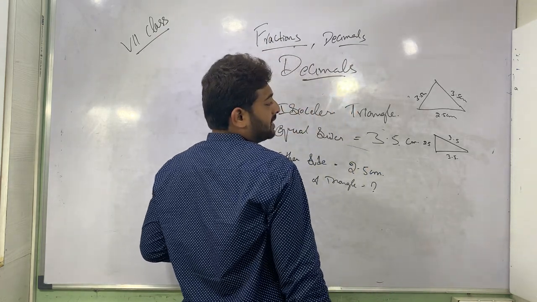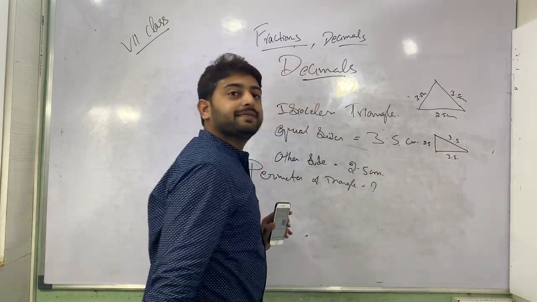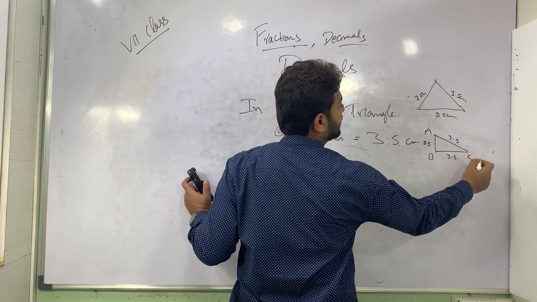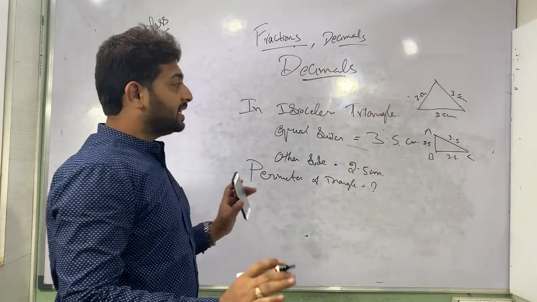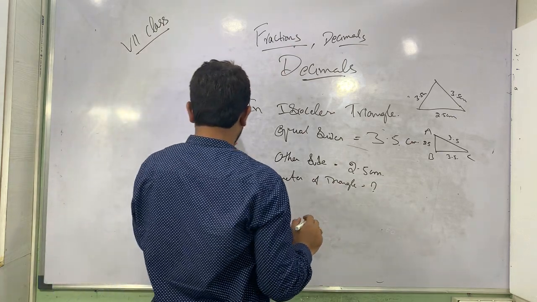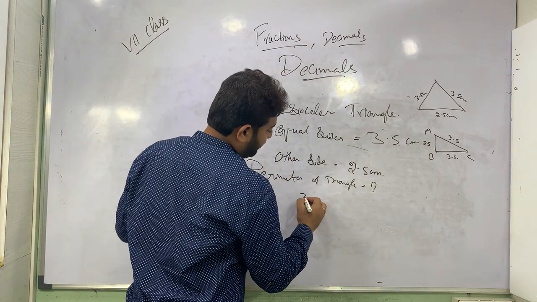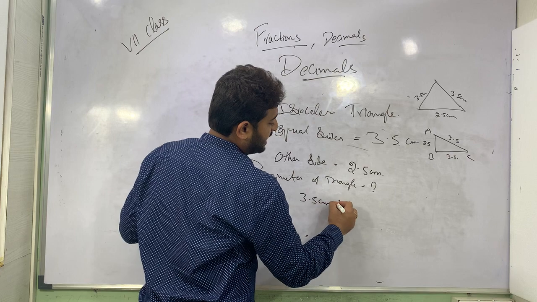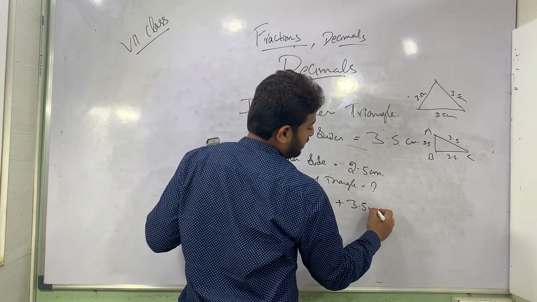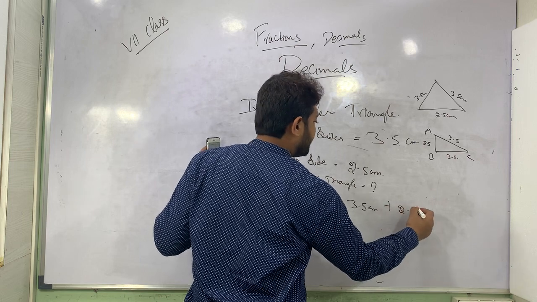Now perimeter is nothing but the sum of these three sides. For example, in triangle ABC, AB plus BC plus CA is the perimeter of the triangle. So the perimeter equals 3.5 centimeter plus 3.5 centimeter plus 2.5 centimeter.